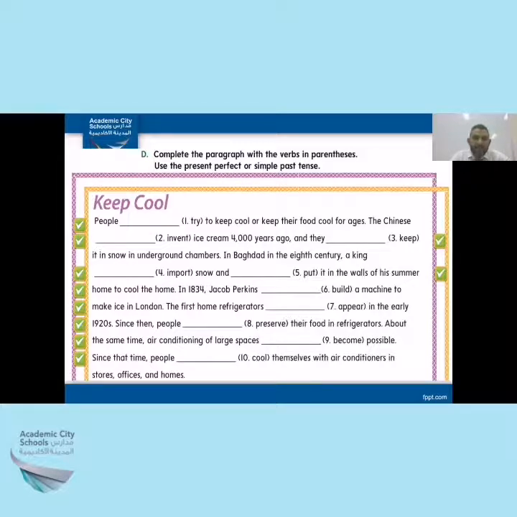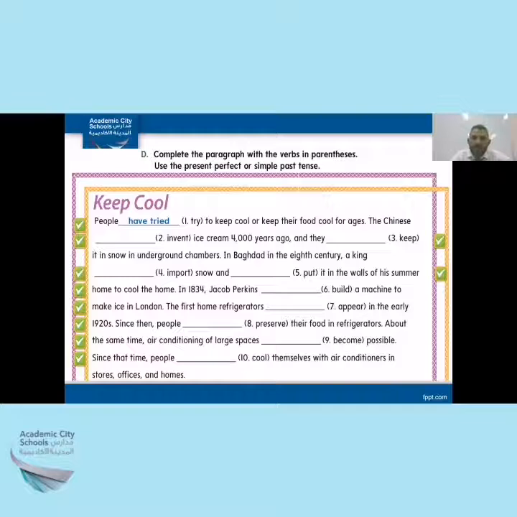People, space, to keep cool or keep their food cool for ages. For ages. So here, present perfect. So we use have tried. We use have because people is plural, and tried, the verb 3 of try.